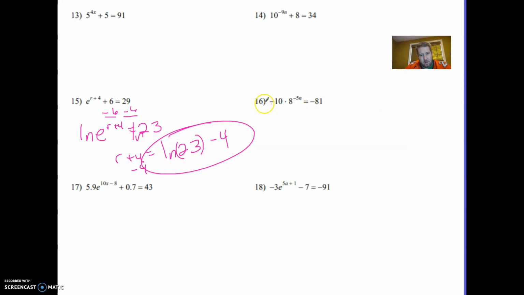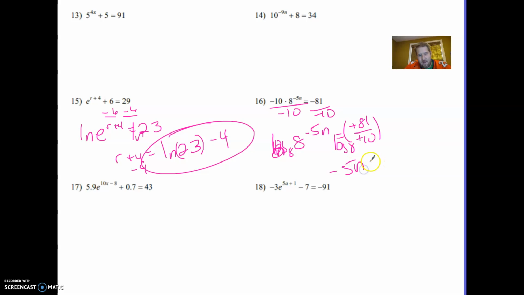Let's solve a couple more. I'll do number 16. Divide both sides by negative 10. That gives you 8 to the negative 5n power equals negative 81 over negative 10. I can change these both to positive because negative divided by negative is a positive. Then do log base 8 of both sides.